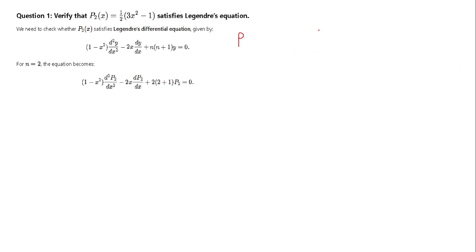So let's go back. If you take for the first one, P0 is equal to what? 1, right? So what I was saying is that if you put 1, you are going to get 0 everywhere here. How to do it is that you're going to differentiate. Anytime you differentiate this, it is like d square P of 0 of x by dx square, then 1 minus x square.